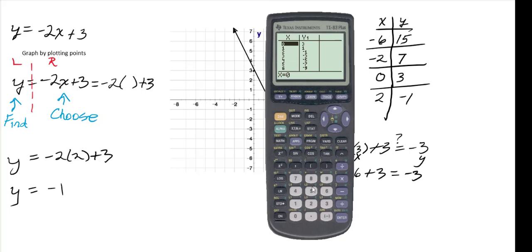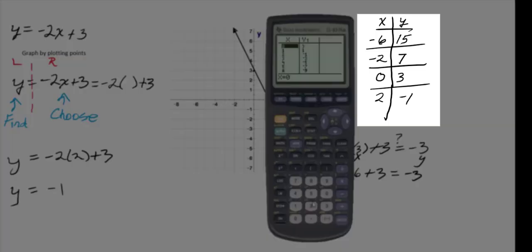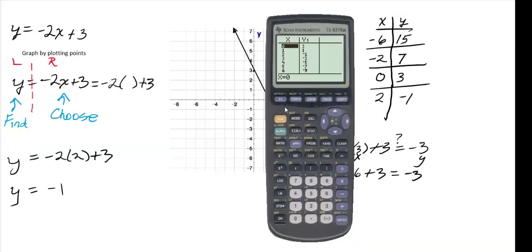Like, let's say I want to enter the numbers I have handwritten on the right here into the calculator. So to do that, I'm going to access the table set menu by going to second and pressing the window button. And then you'll see this screen, and hopefully you also see that both of the autos are highlighted, independent and dependent.